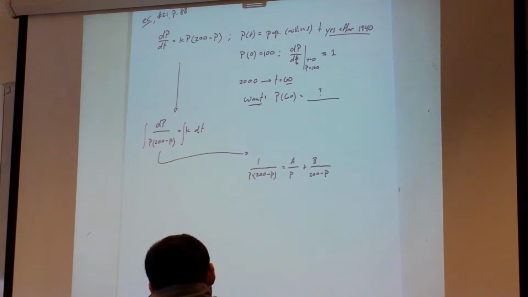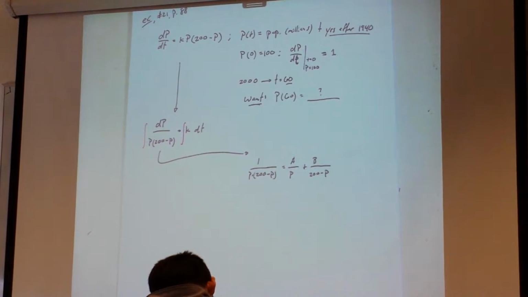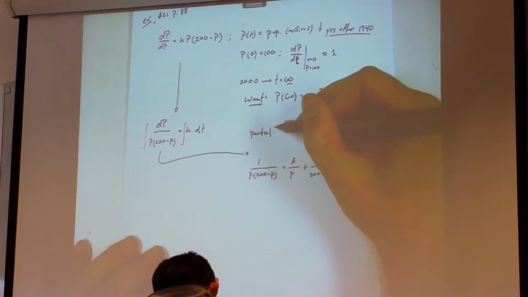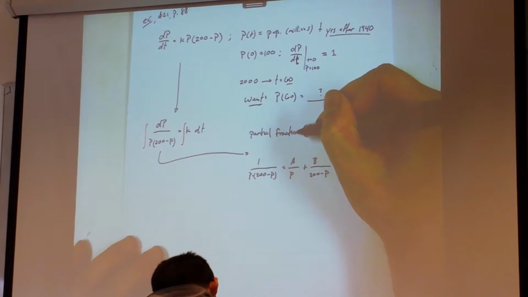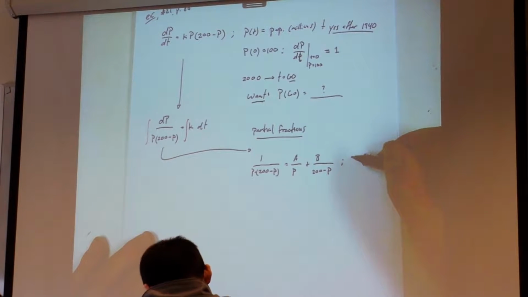I want to find A and B. Yes, partial fractions. We want to find A and B that make that happen.